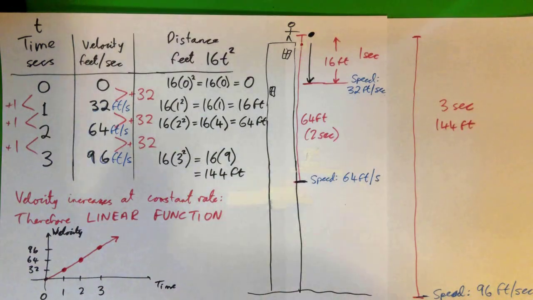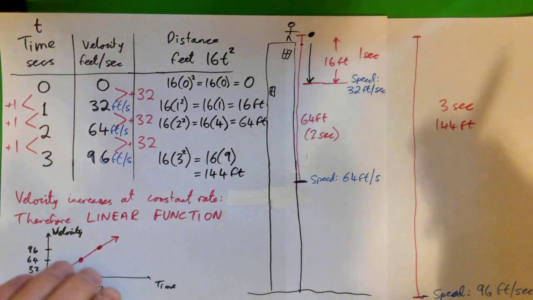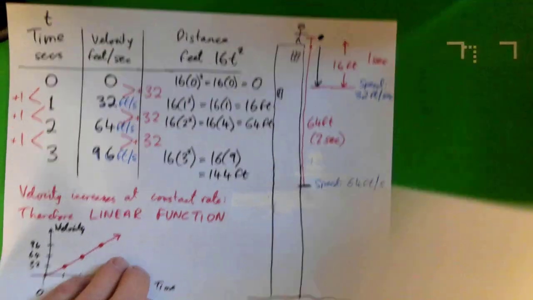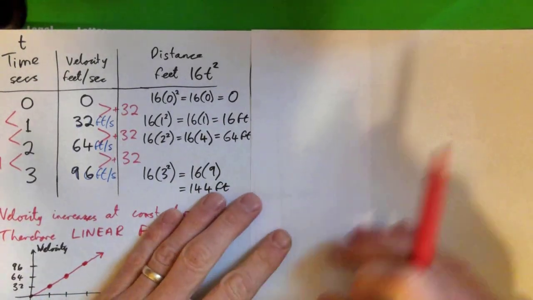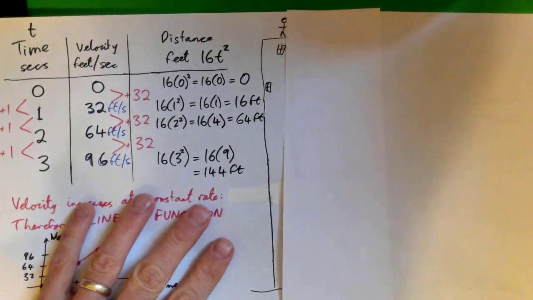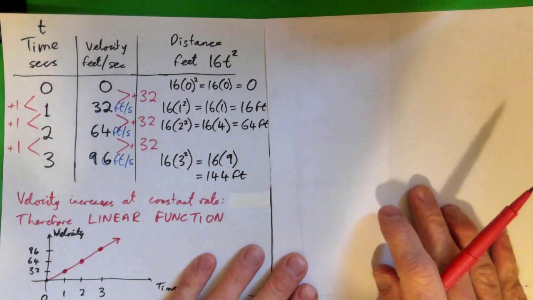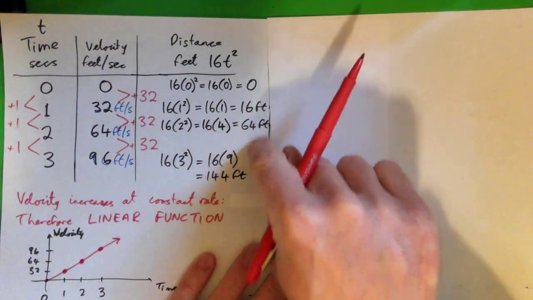So to answer the question: is the distance a rock falls a linear function of the time since it was dropped? Let's see. We made this up where our time is going 0, 1, 2, 3 seconds, and our distance is going 16 feet, 64, 144.